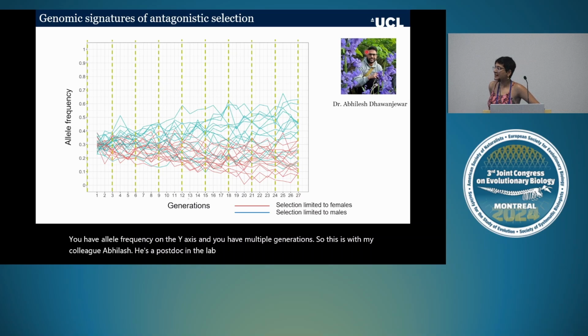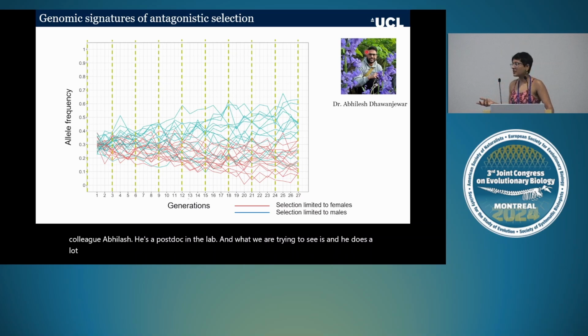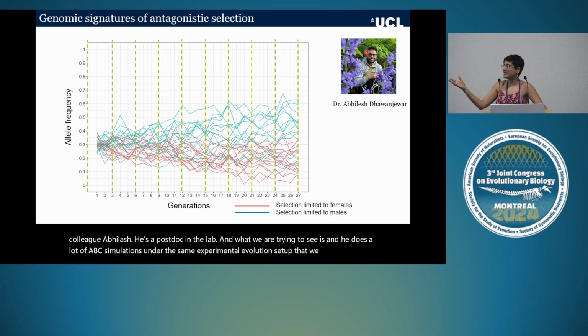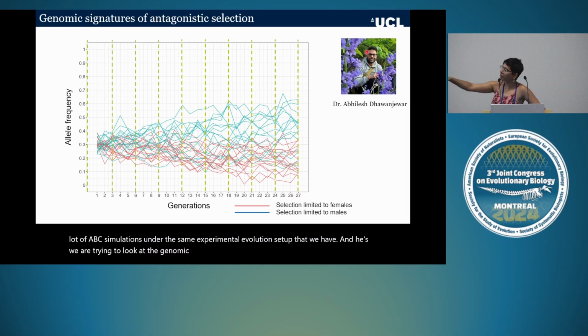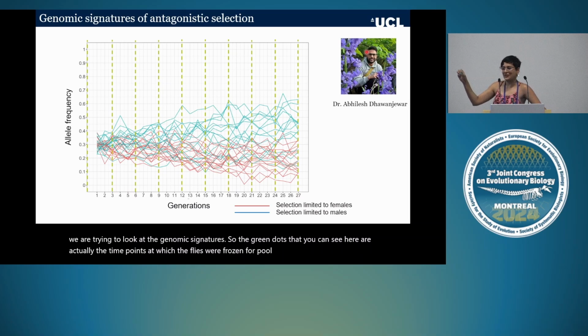He does a lot of ABC simulations under the same experimental evolution setup that we have, and we are trying to look at the genomic signatures. The green dots that you can see here are the time points at which the flies were frozen for pooled sequencing. So this is also happening as we speak.